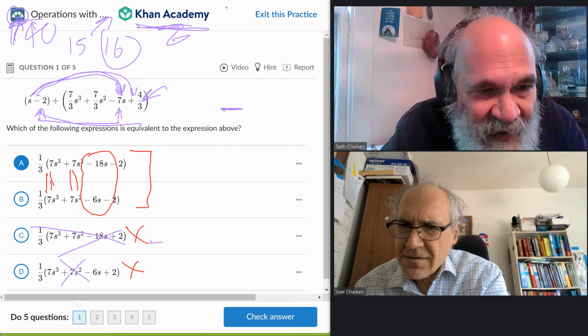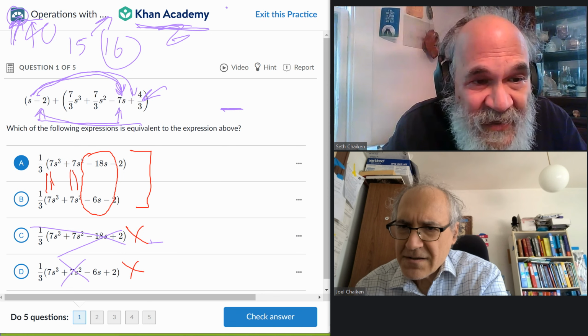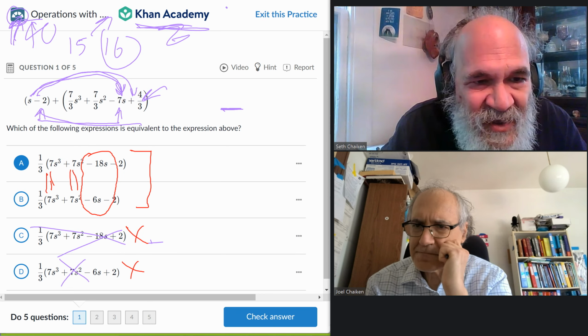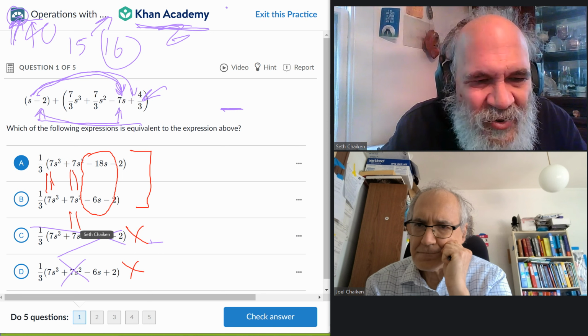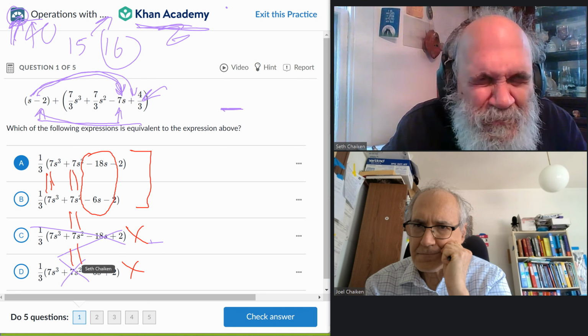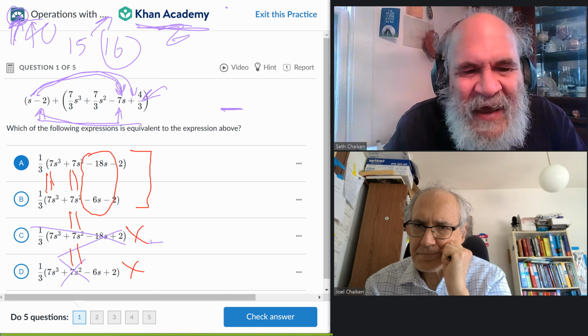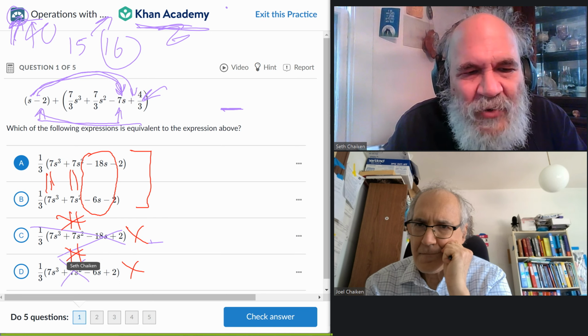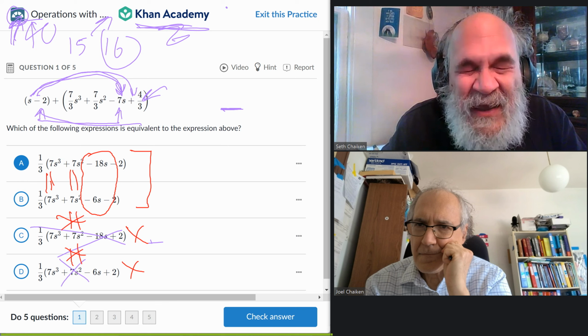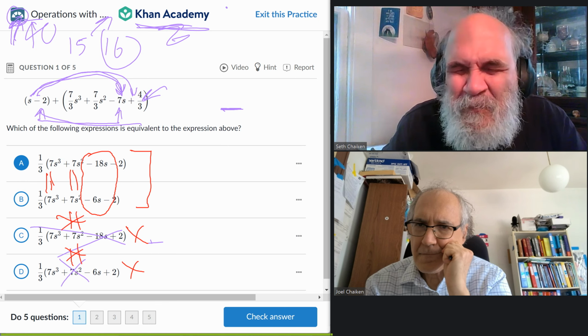The square terms in all the distractors are the same, but that doesn't matter. It's a waste of time to worry about that because you've already eliminated C and D.